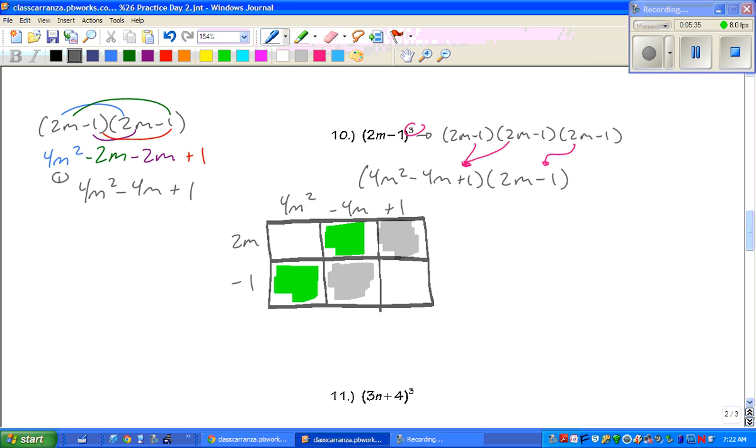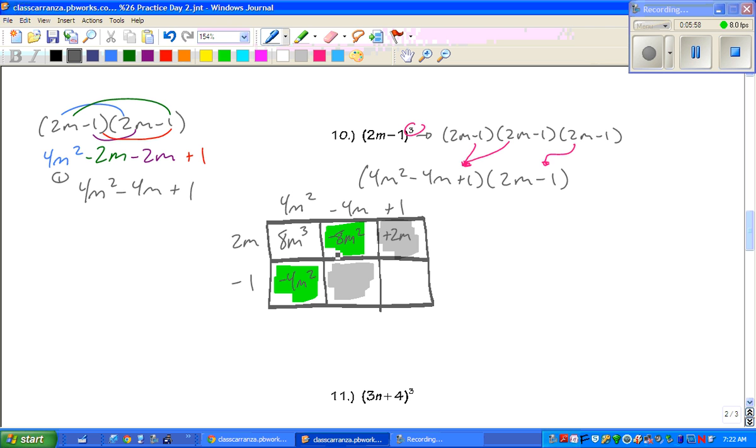Okay? 2 times 4 is 8. M squared times m is m cubed. 2m times negative 4 is negative 8m squared. 2m times 1 is positive 2m. Negative 1 times 4 is negative 4, and the m squared comes along.